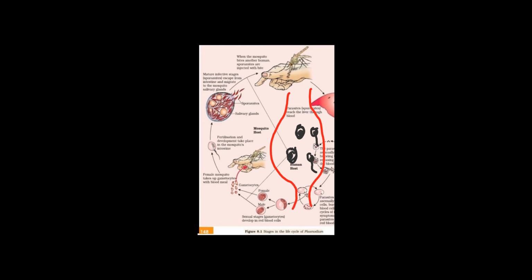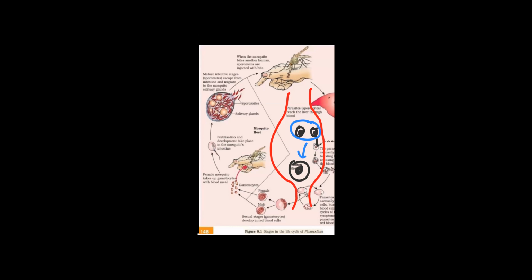Now this male gamete and female gamete undergo fertilization. They undergo fertilization and they will form a zygote over here. This zygote forms a larval stage, which is called ookinete.